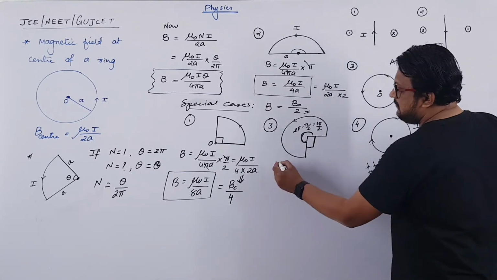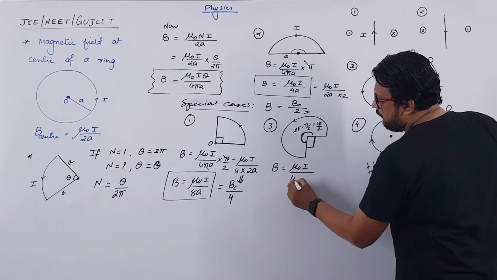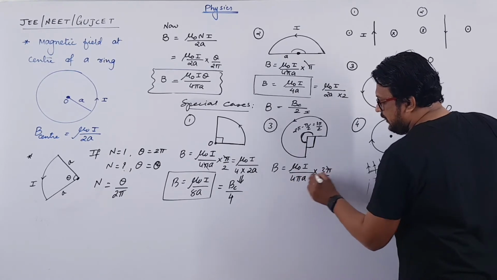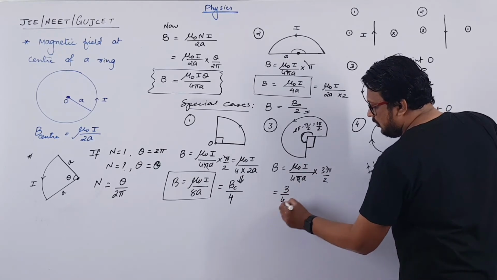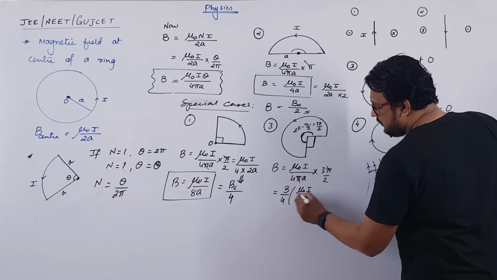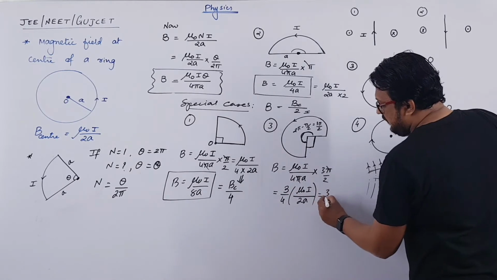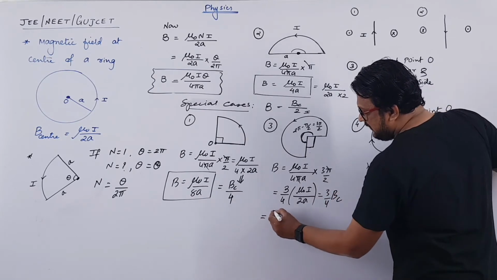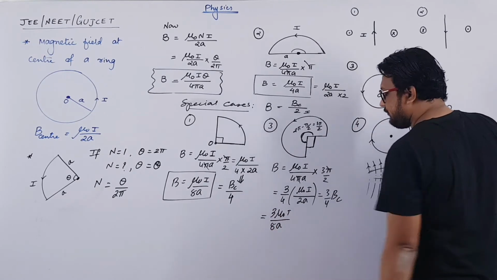So in that case, B will be equal to mu naught I over 4 pi A into 3 pi by 2. Again pi will get cancelled out. So this is 3/4 of mu naught I over 2A, that is 3/4 of B at center, or if you want to simplify, this is 3 mu naught I over 8A.